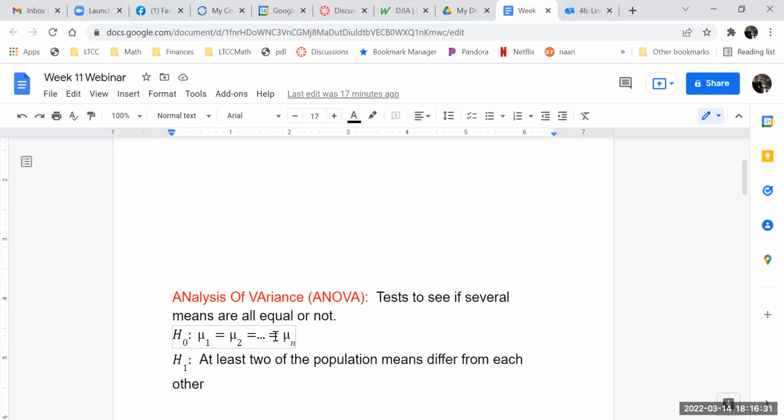If there's a whole lot, you do the dot, dot, dot. Often you subscript with whatever makes sense, like the first letter of what it corresponds to. And H1 is at least two of the population means differ from each other. Any questions on that?